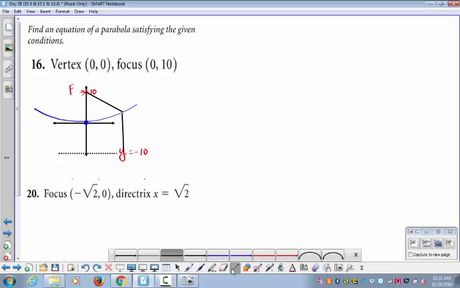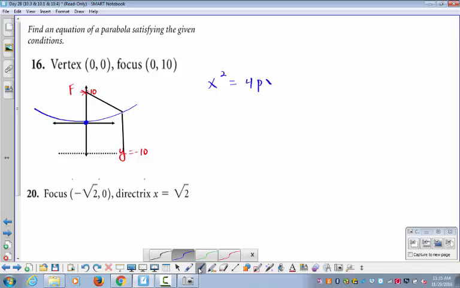It's opening vertically, so we know p is positive. We also know that x is going to be squared. Right? So the standard form would be x squared equals 4p times y. Now we know what p is. What's p? P is 10. P is this distance right here.